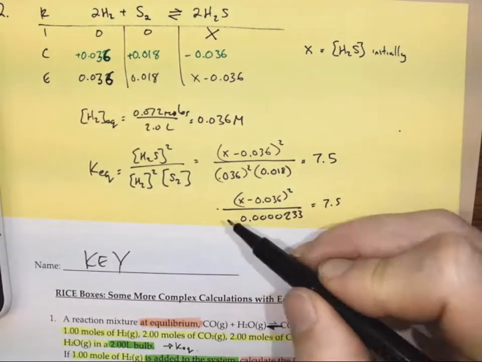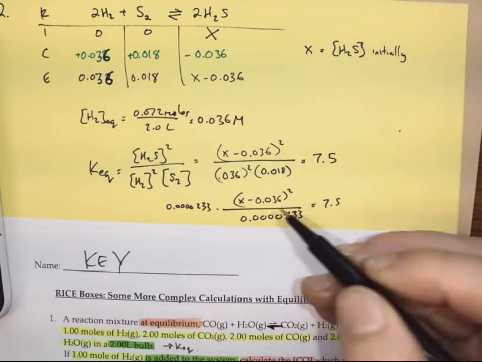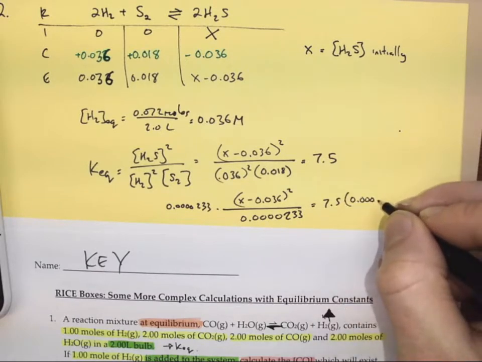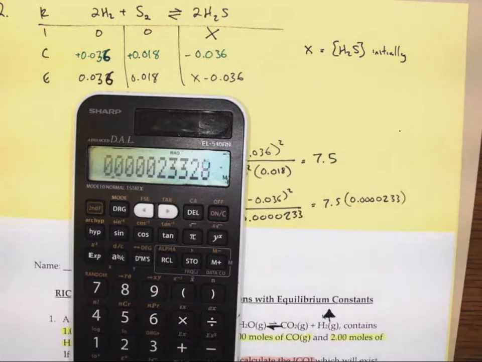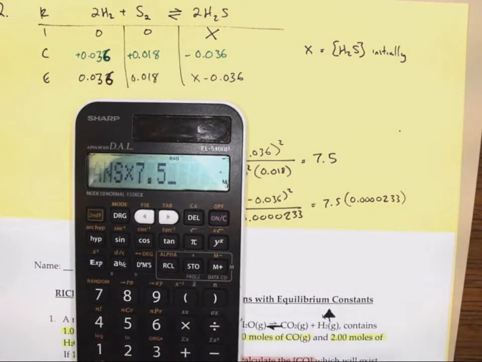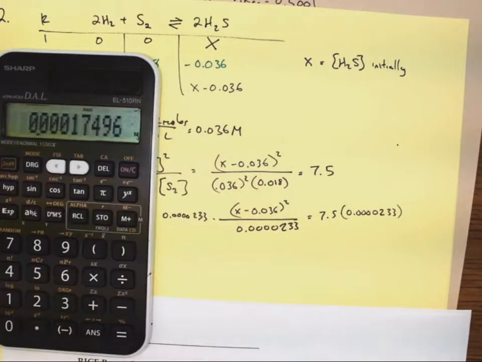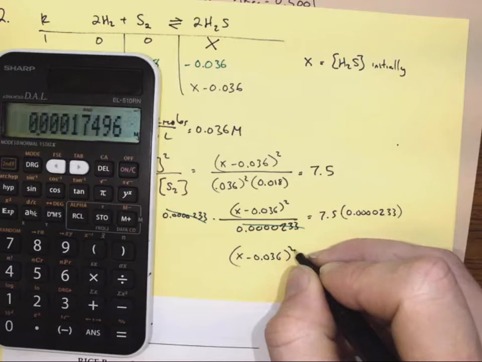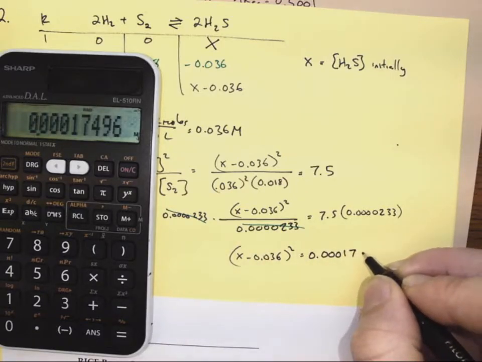So to get rid of my denominators, I'll multiply by them on both sides. 0.0000233 multiplied by 7.5. Okay, so that cancels out on the left. So I get just x minus 0.036 all squared. That's equal to 0.000175.